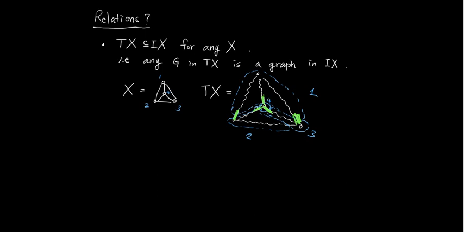All the edges connecting to 4 are here, and between 2 and 3, there is also an edge. So you have 4 components, 4 subgraphs, and they are connected by edges. So as long as you can draw that as a TX, you can always find such a decomposition to make it look like IX.